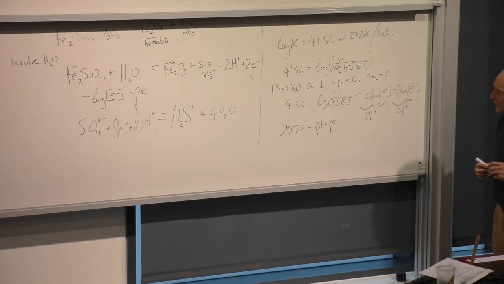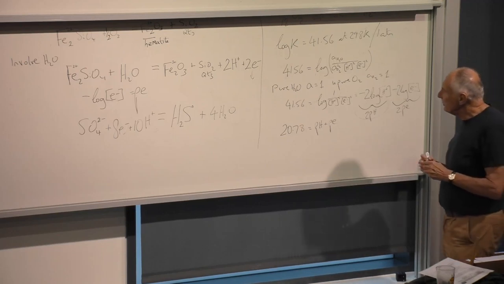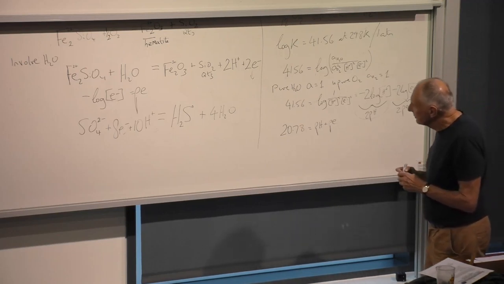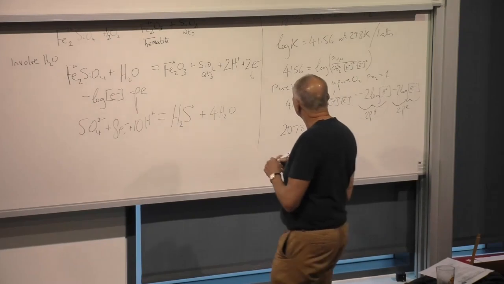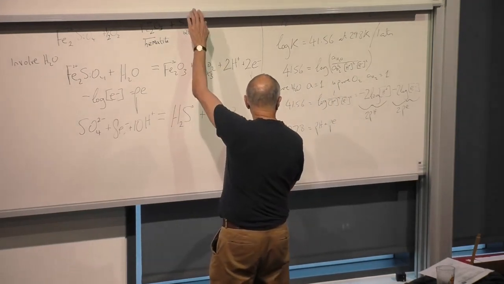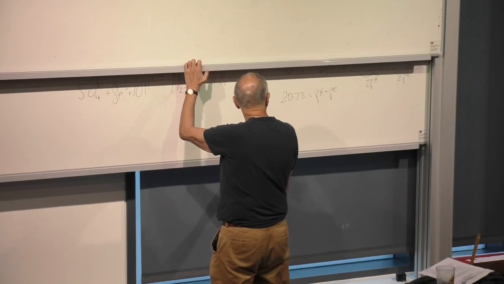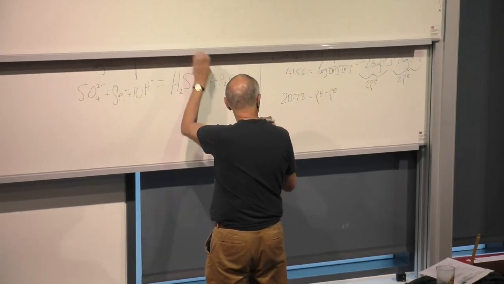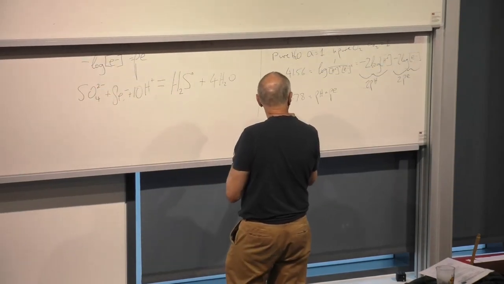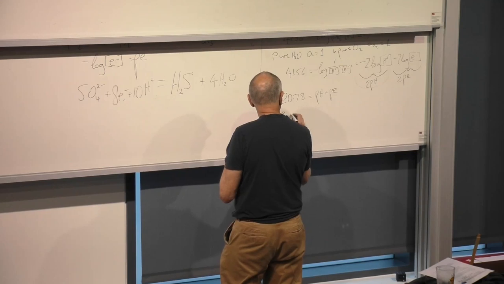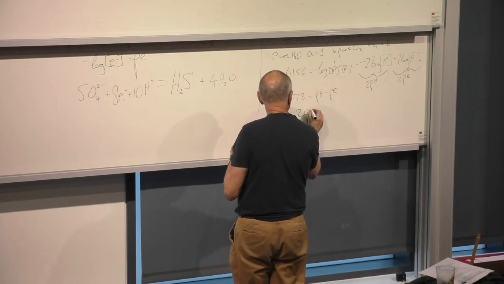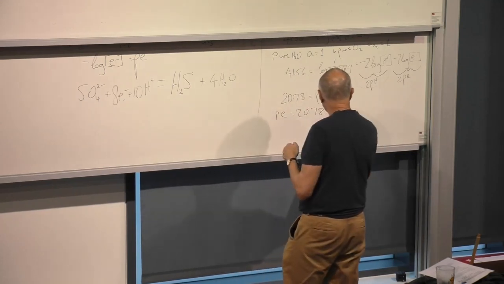This one I'm going to call a pH-pe diagram. Alright, so I'm going to plot this on a line. So obviously pe is 20.78 minus pH.